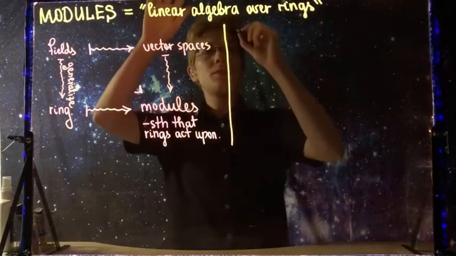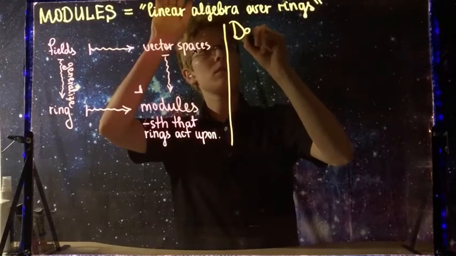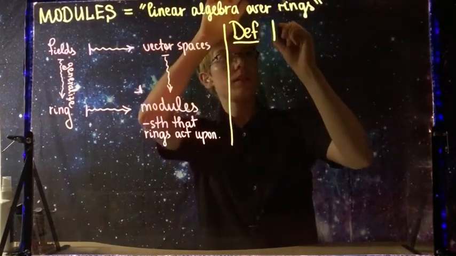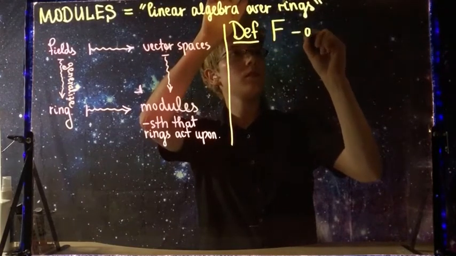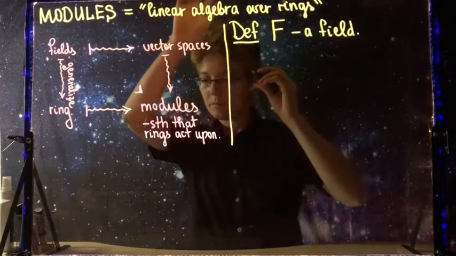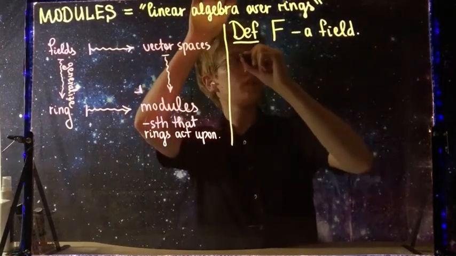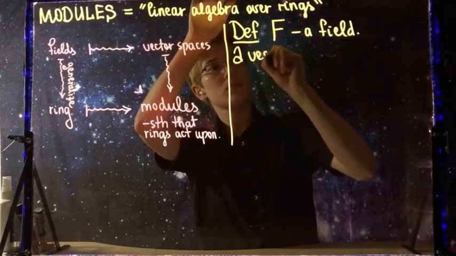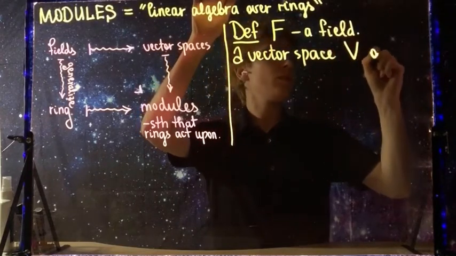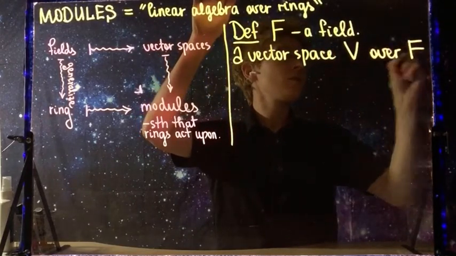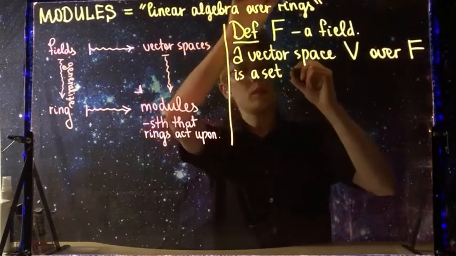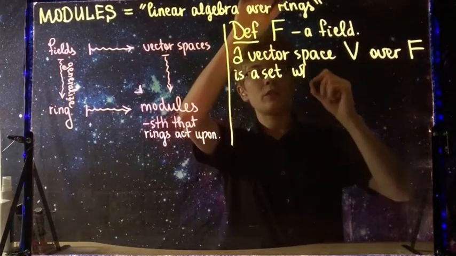Let me recall the formal definition of a vector space. Let F be a field, then a vector space V over F is a set with the following two operations.